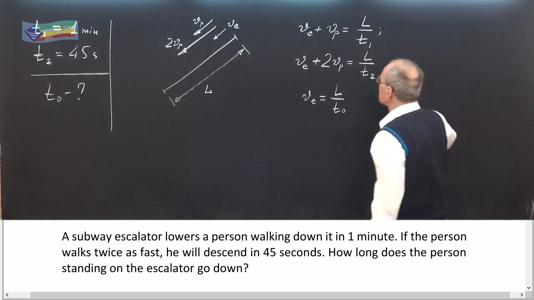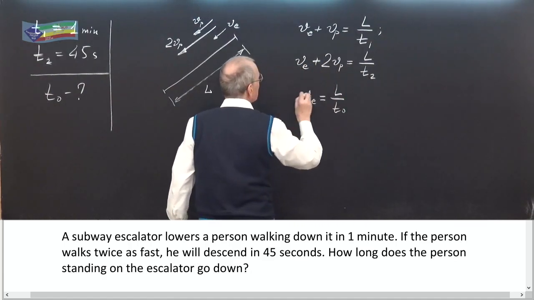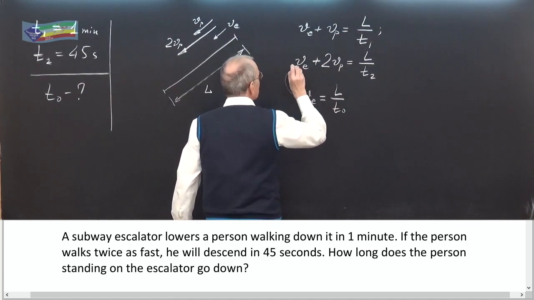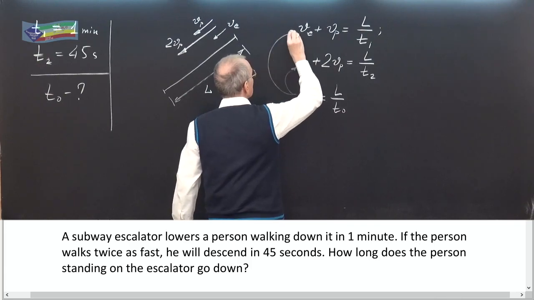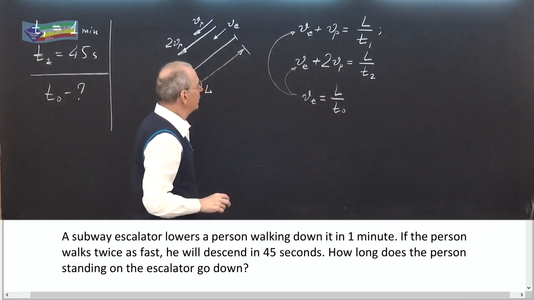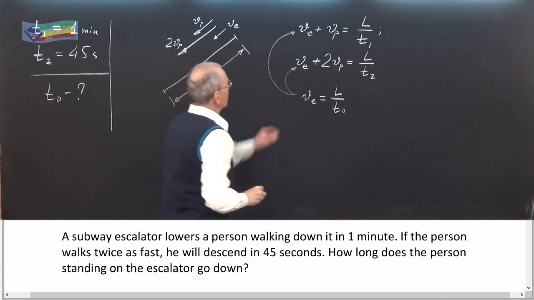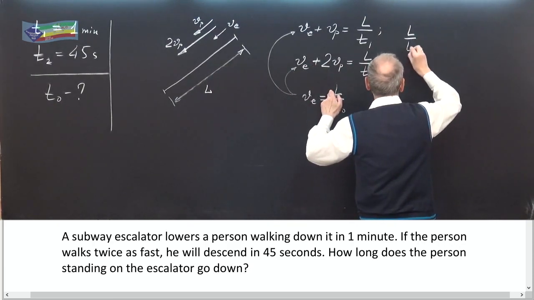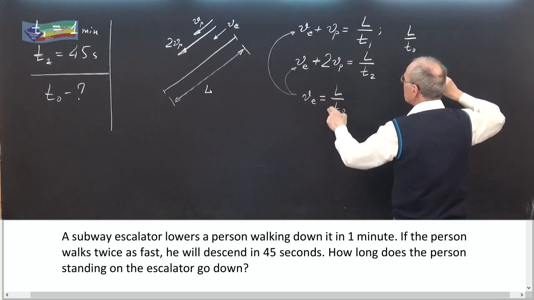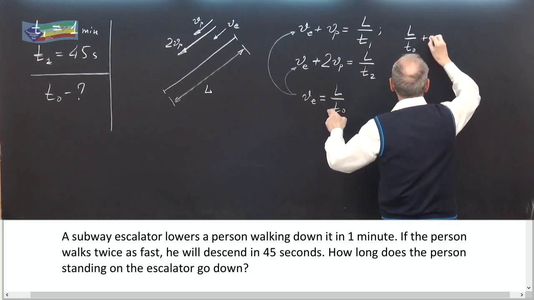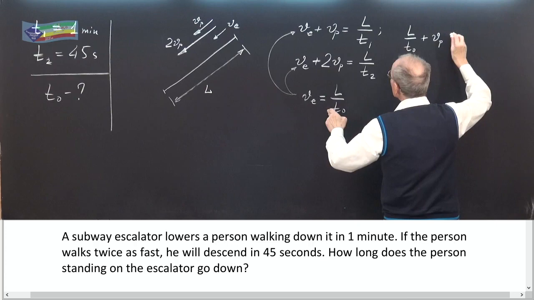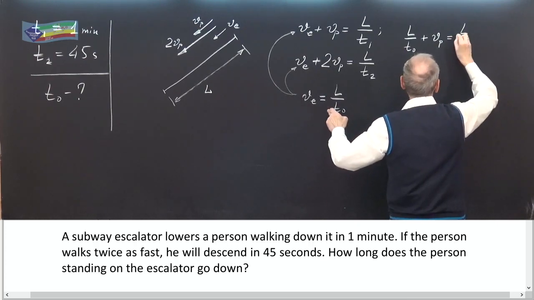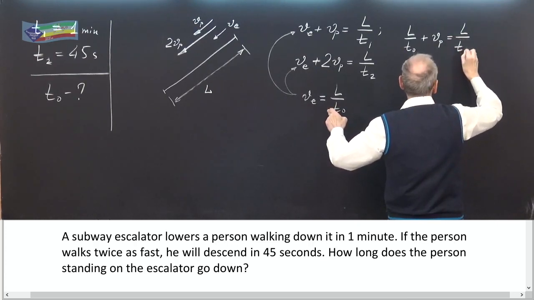Now let us substitute the speed of the escalator in these two equations. For the first case, L over T0 plus Vp equals L over T1.